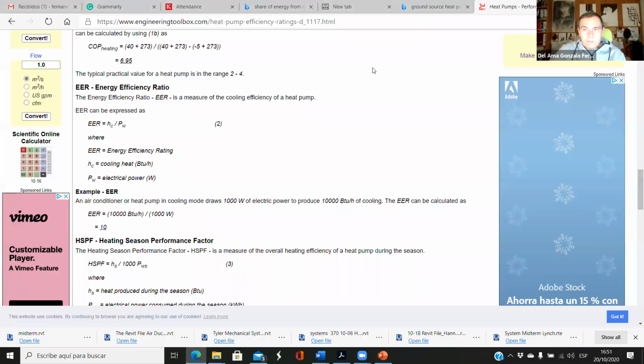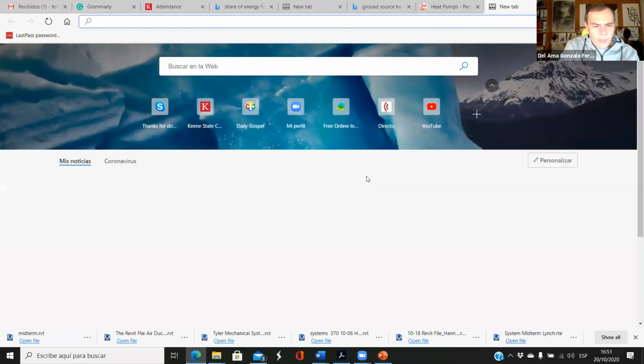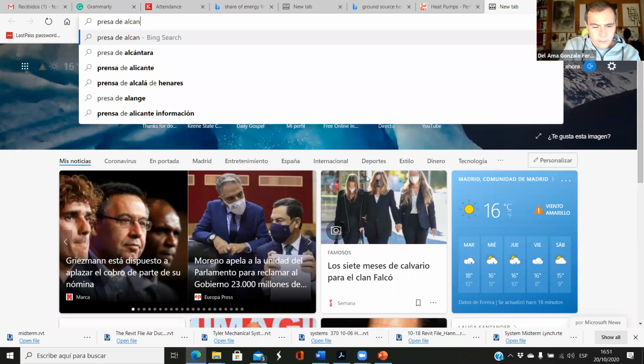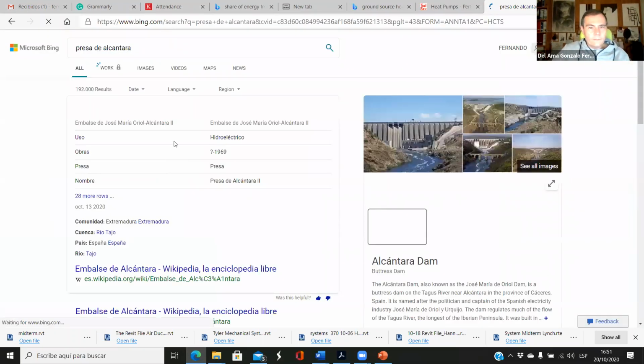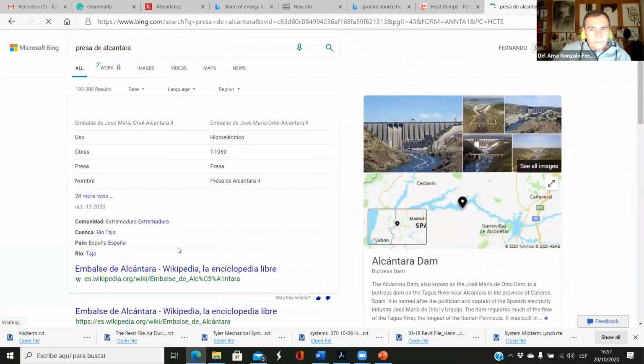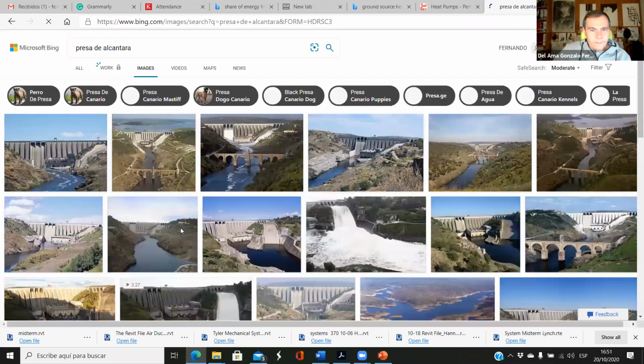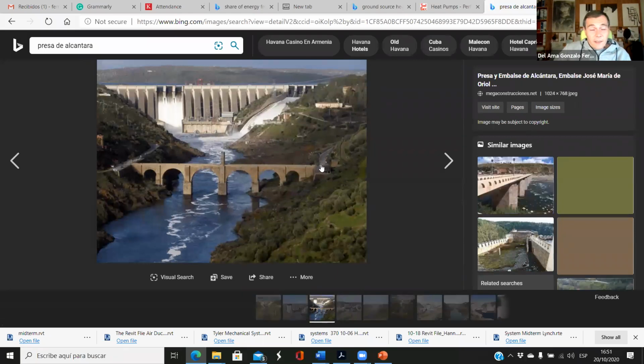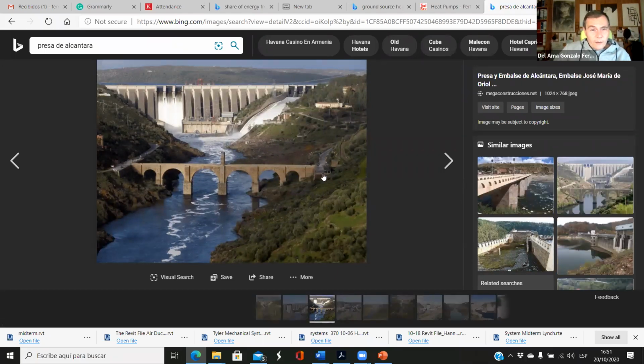I always show a picture in Spain. Es la presa de Alcántara. Okay, so this is interesting because this is a Roman bridge to go from Spain to Portugal. Very nice place.